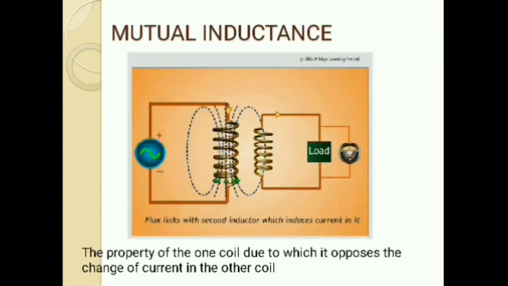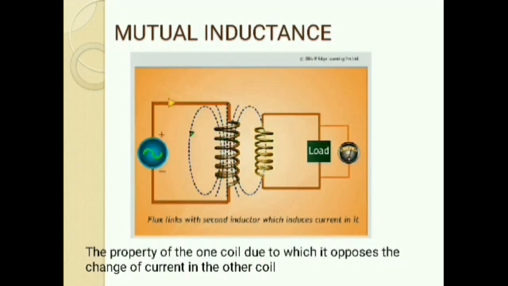Here L1 is the inductance of coil 1 and M is known as the mutual inductance by coil 2. The mutual inductance affects the main flux by increasing or decreasing it. Further, we will see this in detail.